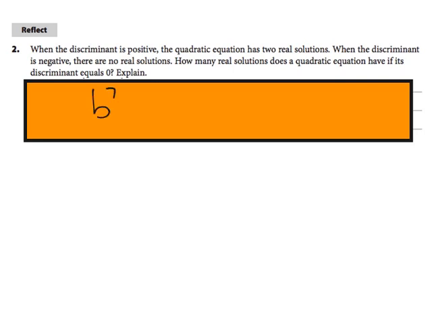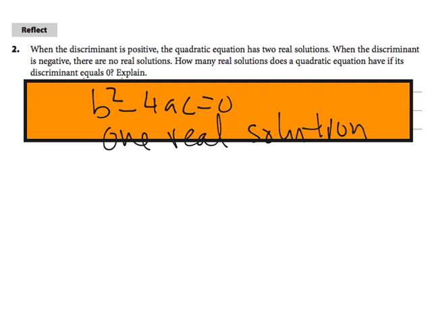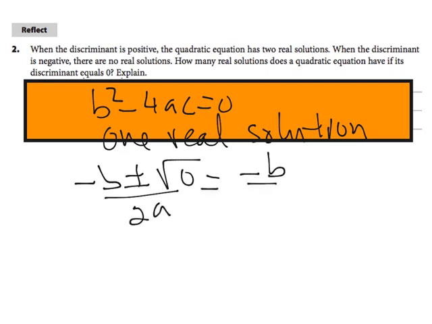If b squared minus 4ac equals 0, then we have one real solution, because we have negative b plus or minus square root of 0 over 2a, so the answer will be just negative b over 2a. So we only have one solution, there's no plus or minus.